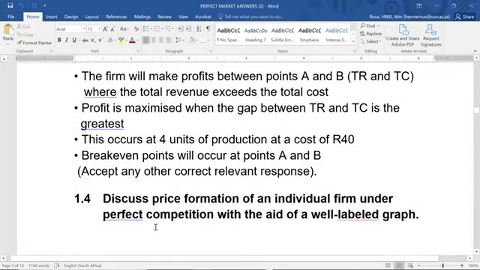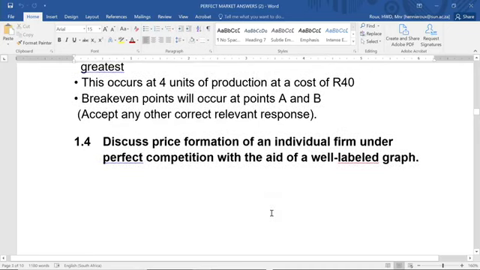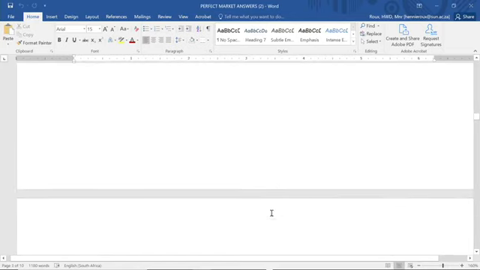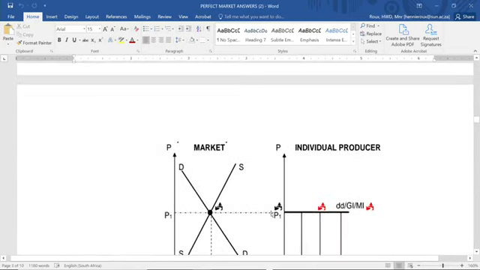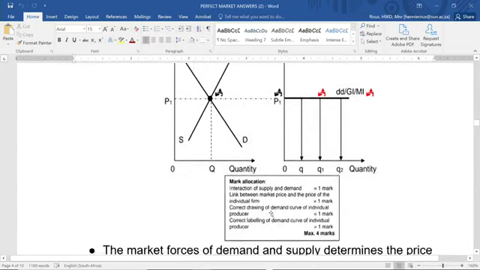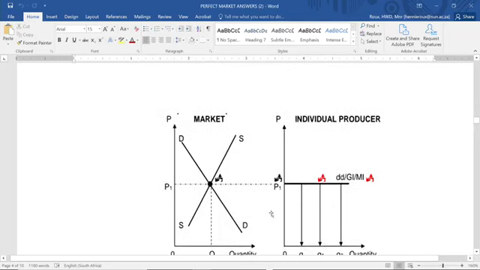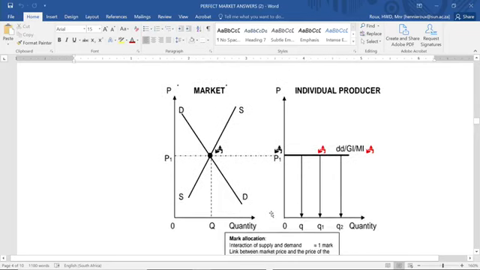Right, because 1.4 asks, discuss price formation of an individual firm under perfect competition with the aid of a well-labeled graph. Now, when you're talking about price formation in the perfect market, remember, what did we say? The price is set by demand and supply.